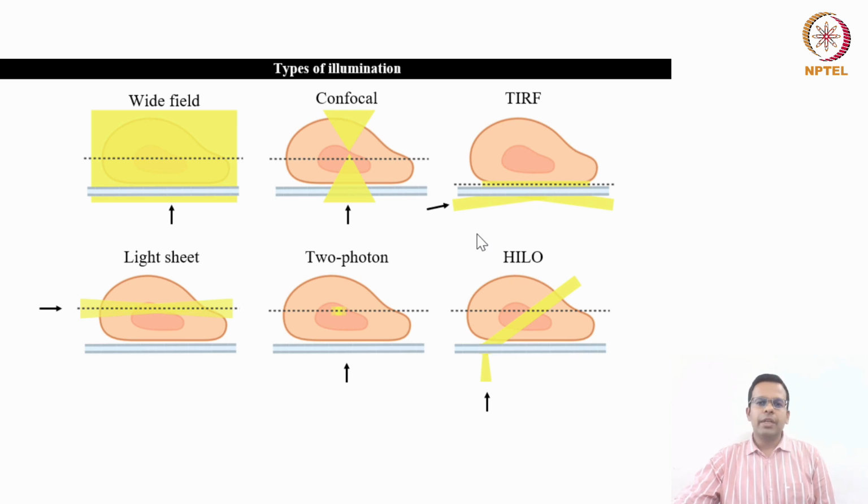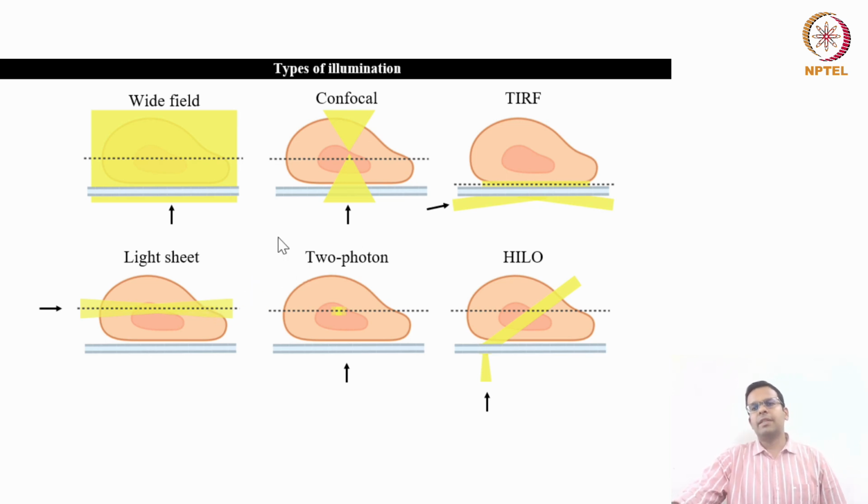Just to avoid the out of focus light and unnecessary photo bleaching and photo damage, because with the objective lens you can image only one particular focal plane, so there is no point in illuminating the entire cell and observing only this small portion of the cell. Instead, you just illuminate only that section which you are able to image.